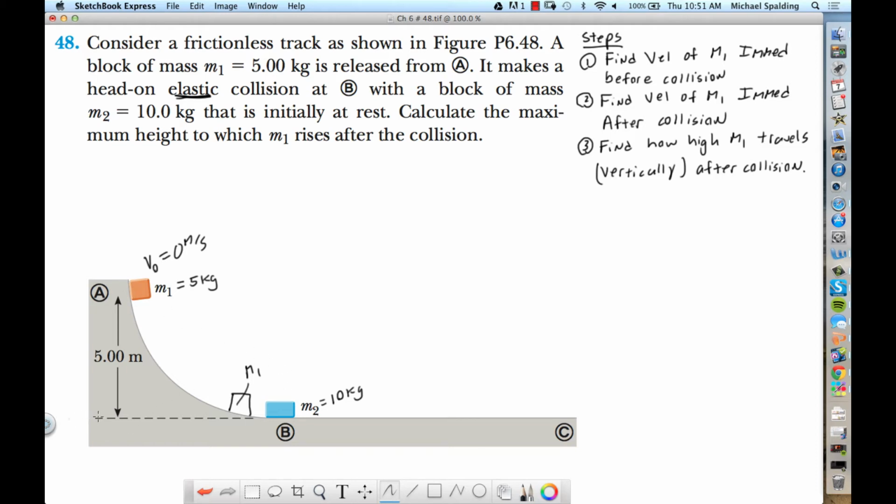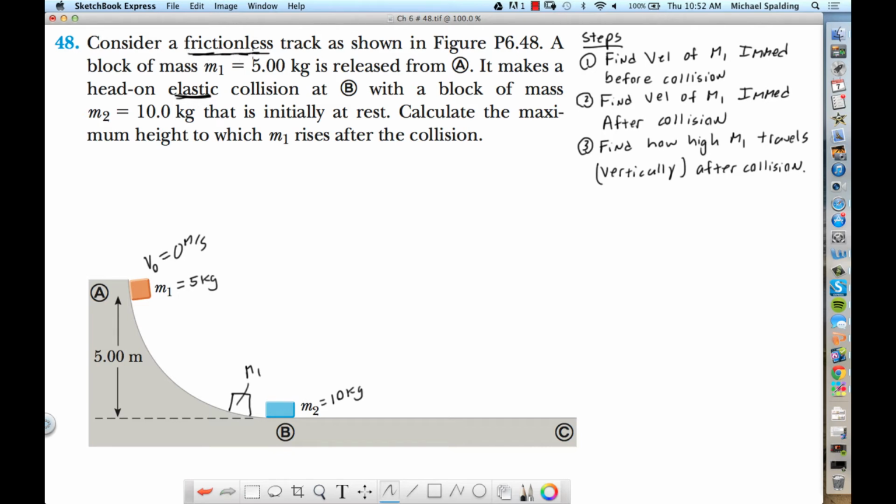Okay, so our 0 point's going to be down here. So what type of energy does M1 start with up there? Potential of gravity. And then that potential of gravity gets converted to kinetic. Completely or not completely? Completely, because they tell us that the track is frictionless.